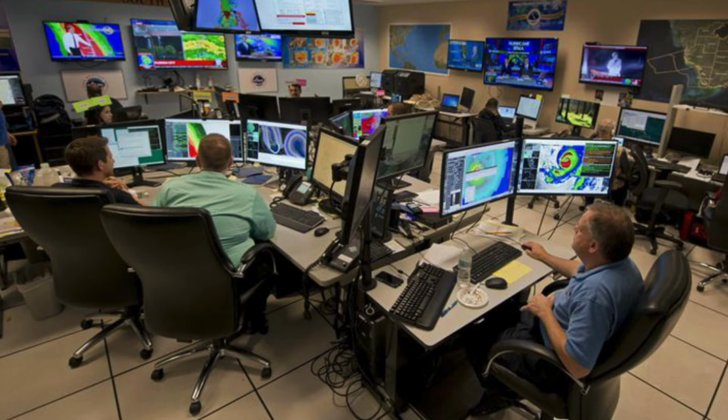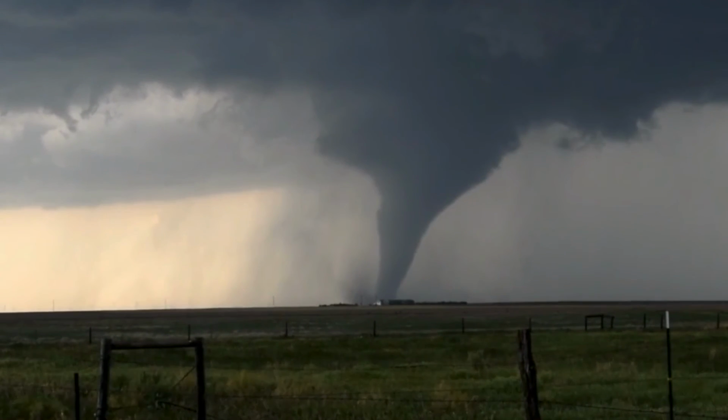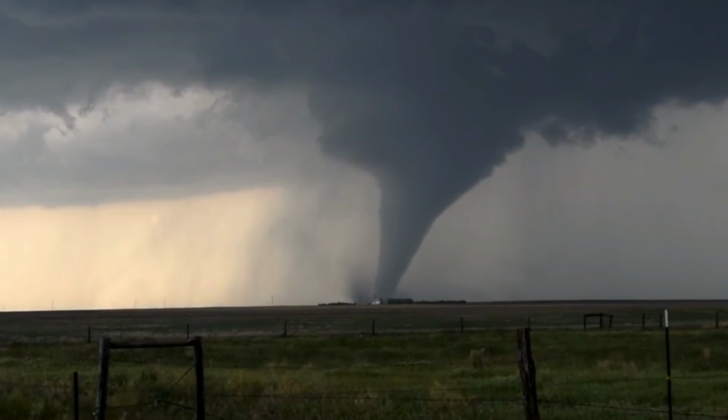Meteorologists collect all the measurements that we've talked about today, and they put them all together to create a weather forecast. A forecast helps us see what the weather's going to be in the future. Forecasts help us keep safe when weather turns violent.